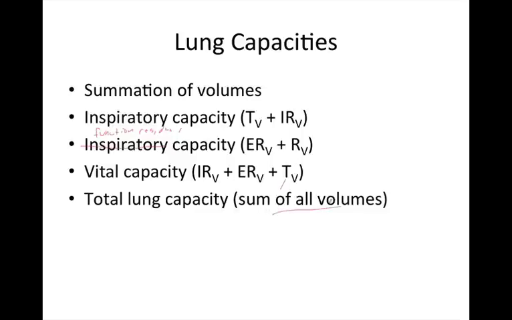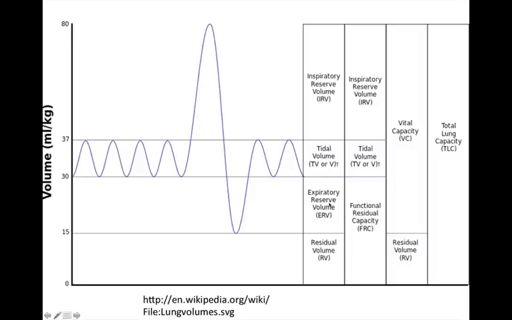Okay, so I'll explain those more on this. Let's take a look at this here. Over here, we've got volume. When a person takes a breath in while hooked up to a spirometer, you're going to see an upswing on the graph.